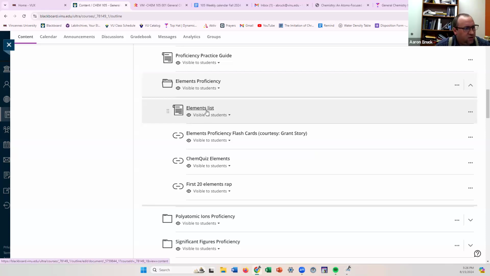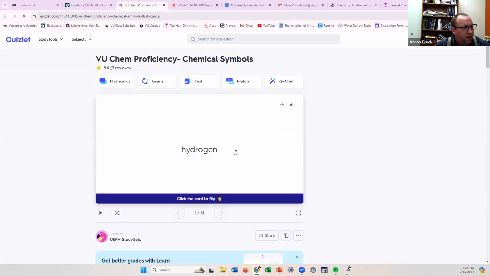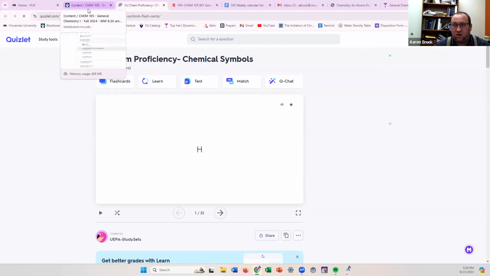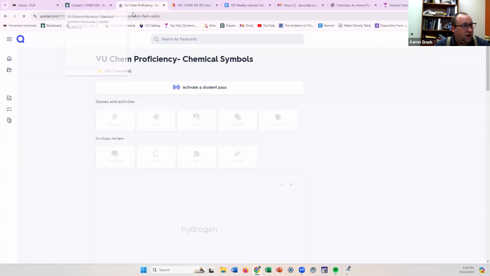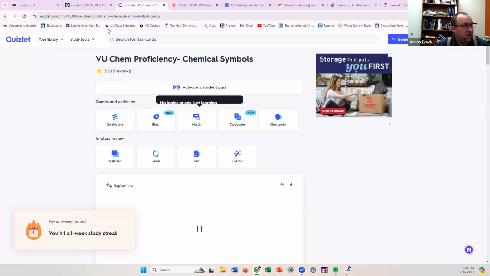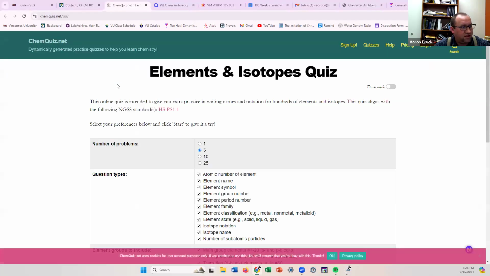In addition to those, there are resources here. So if you like flashcards, this is a Quizlet flashcard with the elements and symbols that you can use. This was given to me a number of years ago by a student that made it and then gave it to me when he was done. In addition to that, we have access to something called ChemQuiz.